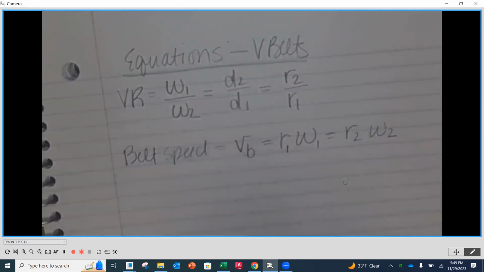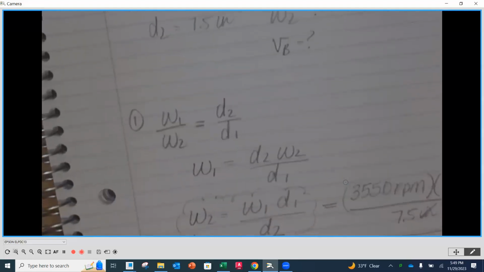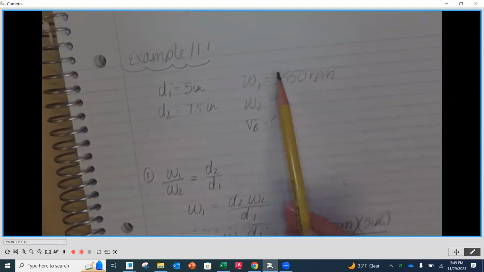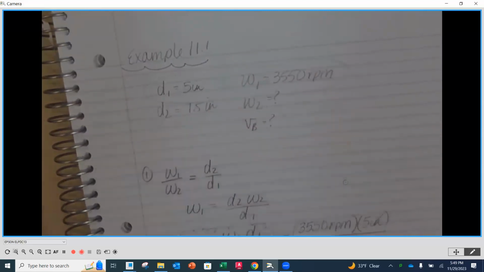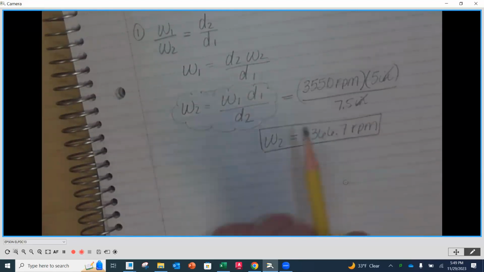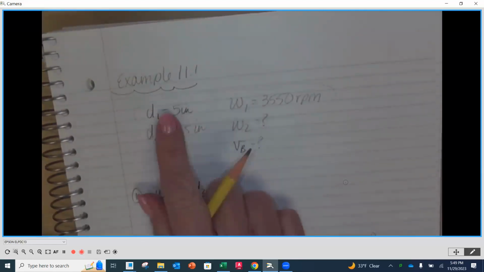All right. So as we look back at the information that we're given, the pulley that we know the most about is pulley number 1. We did calculate the angular velocity for pulley number 2, but we want to use the least calculated numbers. If we can go back to using some of the original information, we want to do that, and we can. Even though we don't have the radius, we can get it with this diameter.